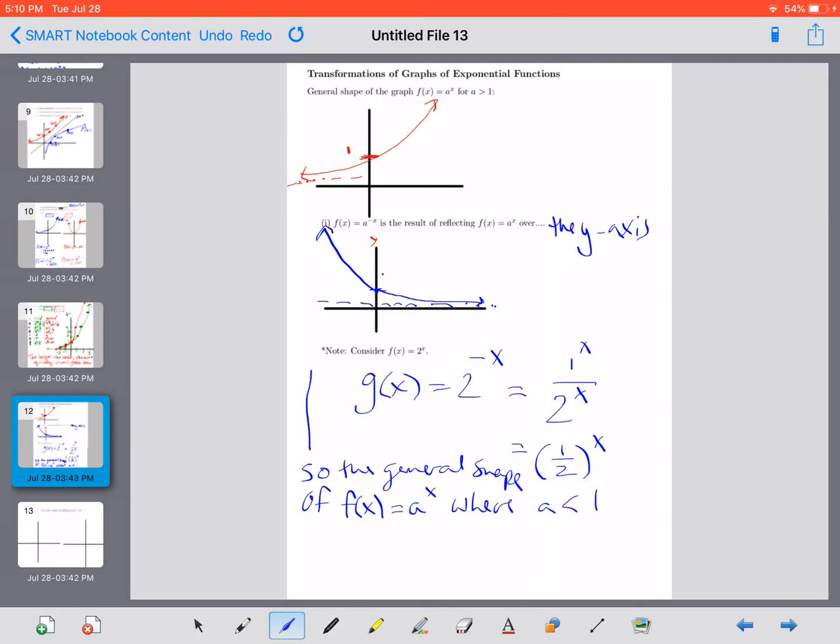It's going to look exactly like this, right? So this red one is what the general shape of a graph is for a greater than 1. And this blue one is the general shape of a graph a to the x where your base a is less than 1. Just a good thing to keep in mind.